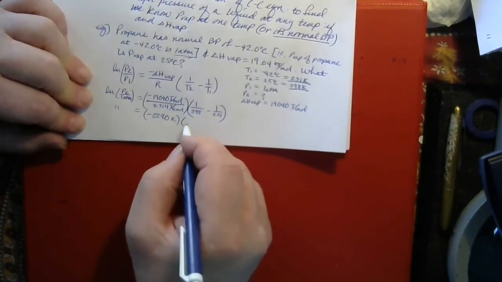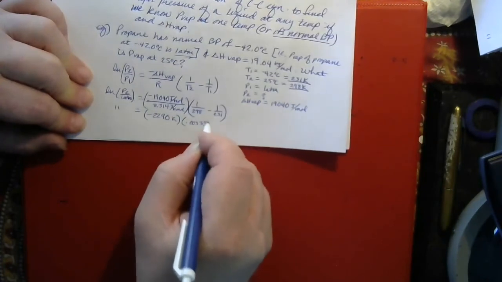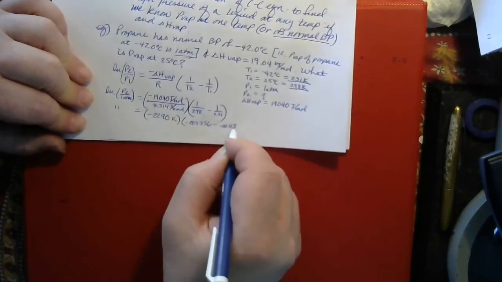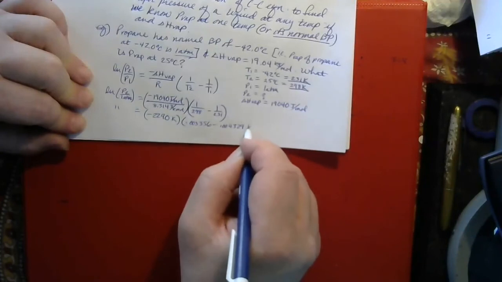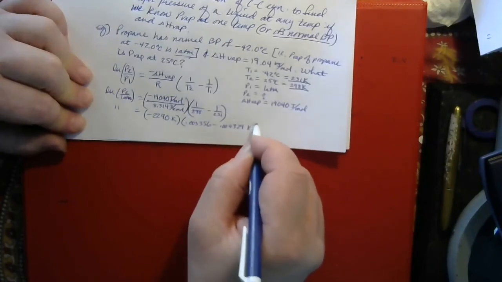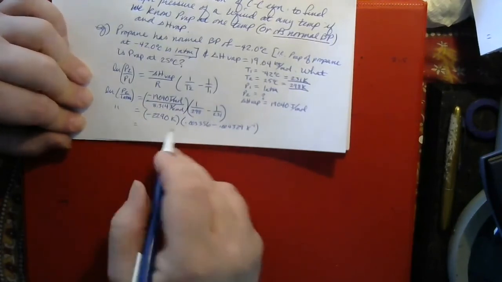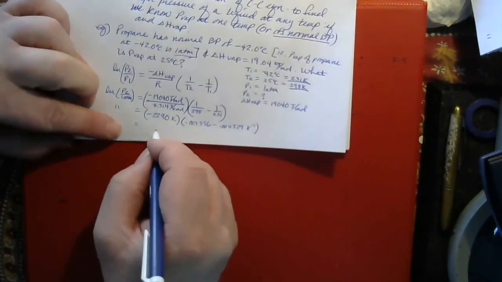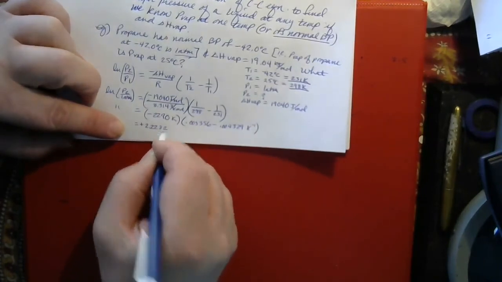And we have here 0.003356 minus 0.004329. The units here would be 1 over K, or K to the minus 1. And when you multiply this times this, you've got a negative times a negative, so it's plus 2.2282.